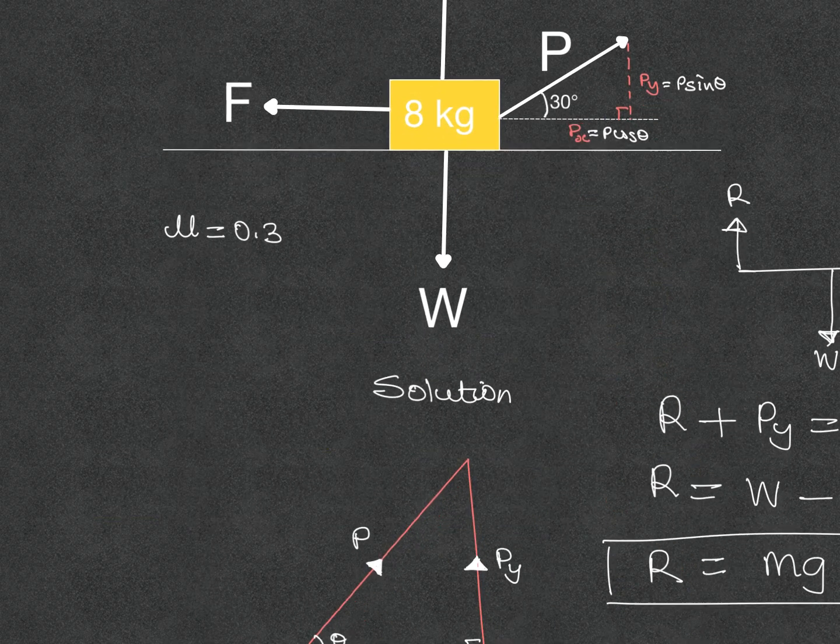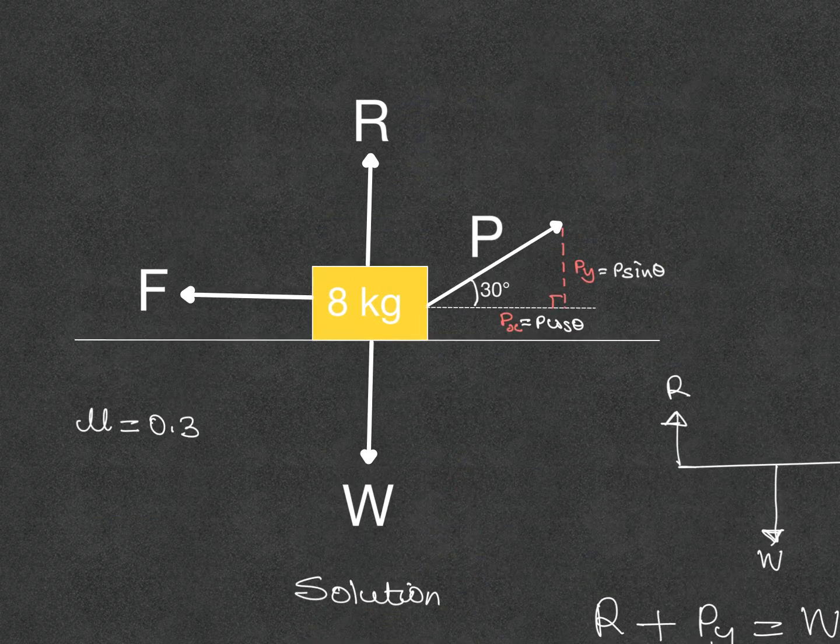So going back to the diagram, we are in a state of limiting equilibrium. In the state of limiting equilibrium, the horizontal component of the applied force must be equal to the frictional force. The state of limiting equilibrium is when the body is just about to start motion.